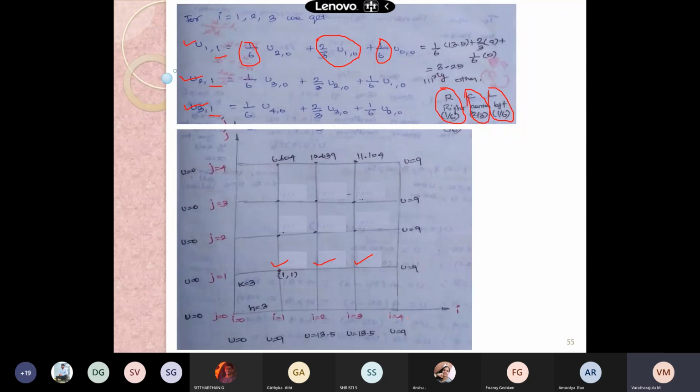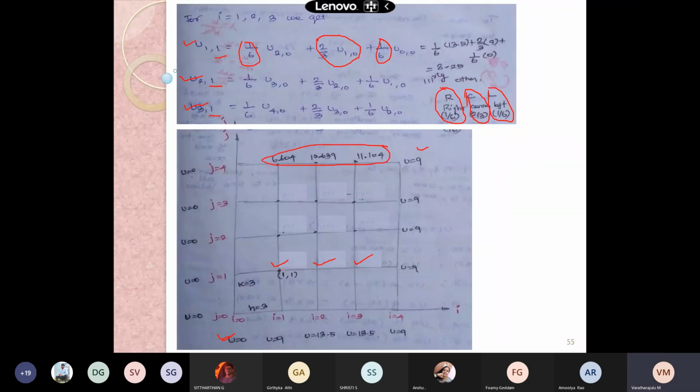Therefore, we continued the iteration till four lines. Here i is equal to 0 till i is equal to 4 we drew. Similarly, for j is equal to 0 to j is equal to 4. This is the given boundary condition, the given u values, and this is what we calculated. The RHS is also given. This is what the final results are.